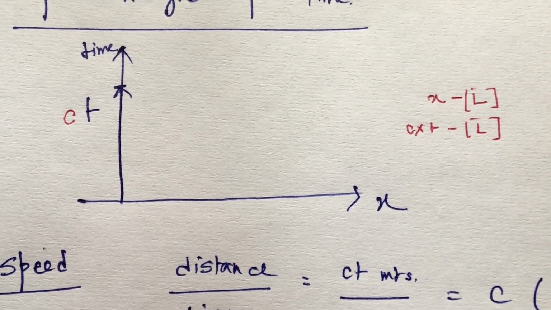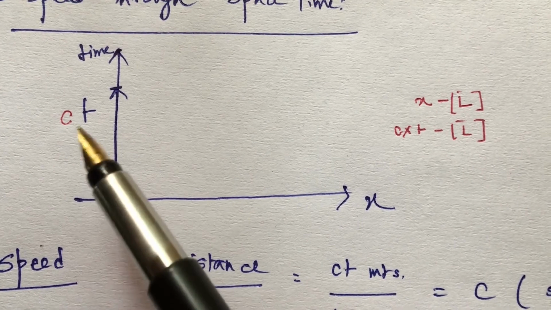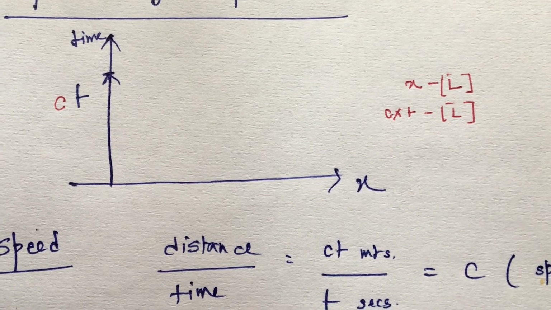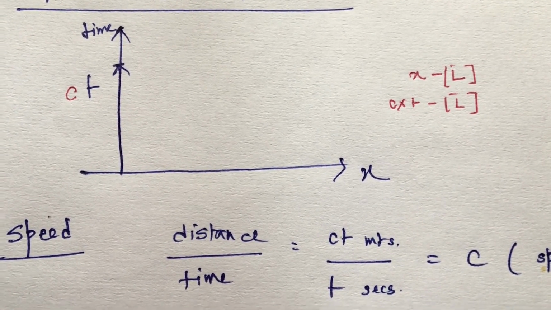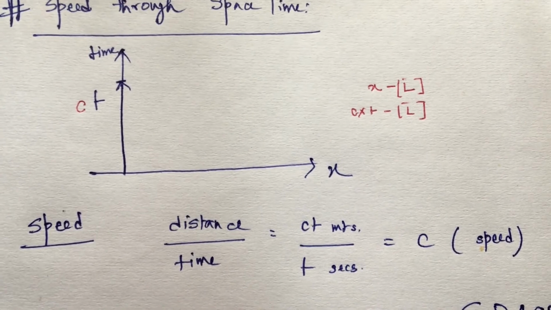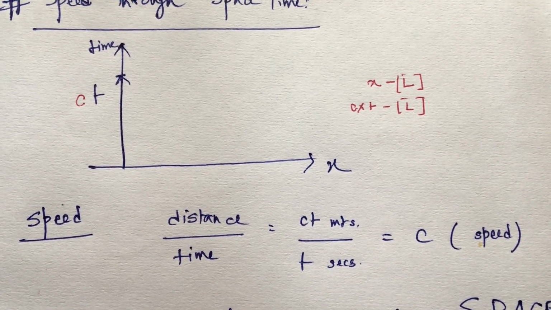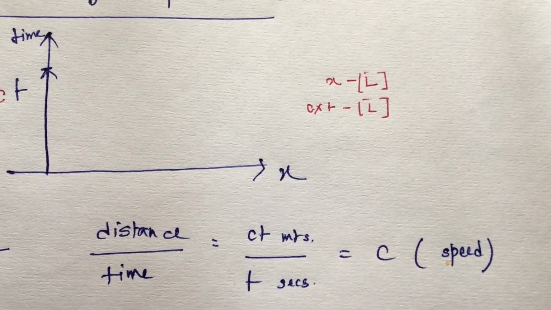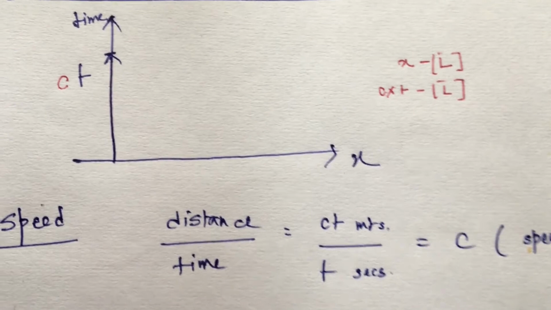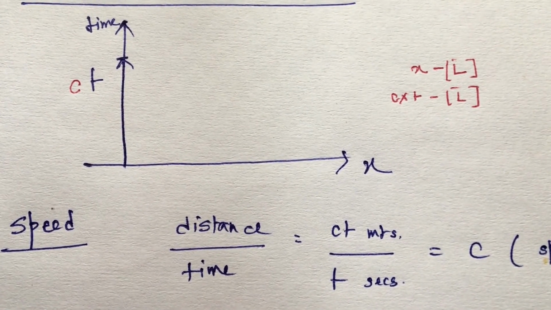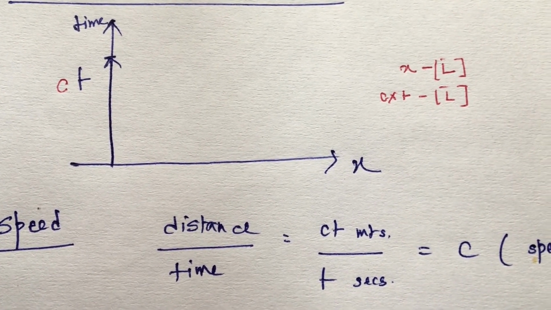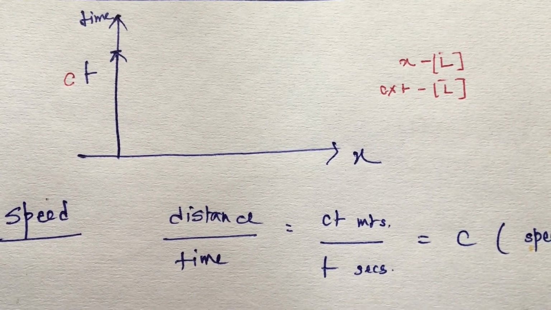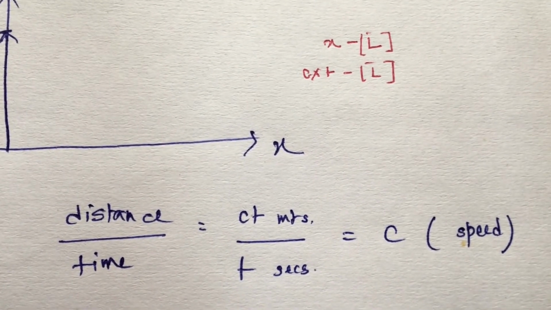So the distance I have traveled along the time axis within a time interval t is ct, but that is only along the time axis. So the speed is calculated as distance by time. Speed is c, the speed of light, which is constant. So if this is the situation where x is not changing and the object is moving along the time axis only, then the object is moving with the speed of light, that is c.